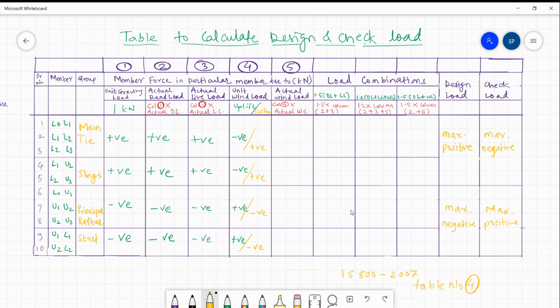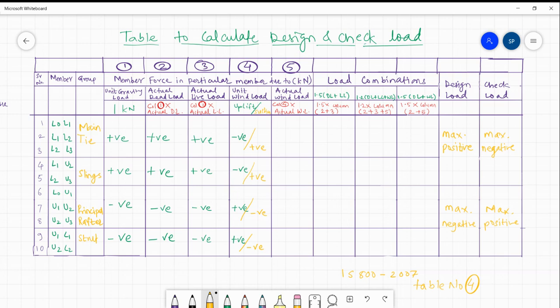So for this load combination, there are different members. Say in the principal rafter there are 3 members, and for the main tie there are 3 members. No doubt slings and struts are individual members, but for the main tie and principal rafter, you can prefer either one continuous member or a discontinuous member.